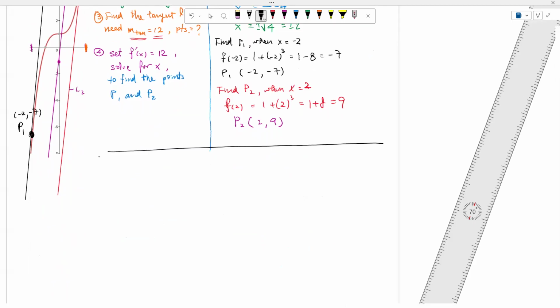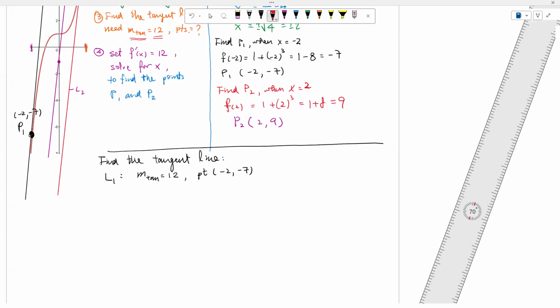So if I want to find the tangent line, first, maybe let us find L sub 1. The information about it is the slope of the tangent is equal to 12, and the point is (-2, -7).